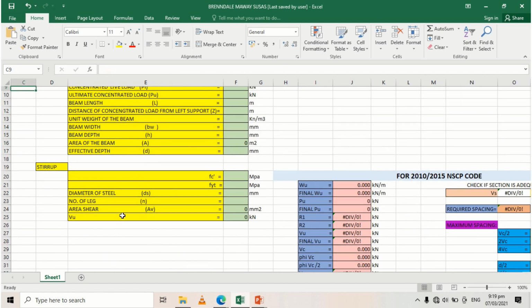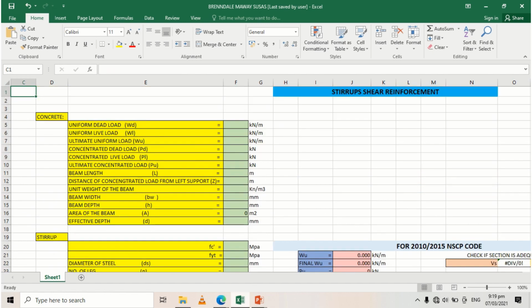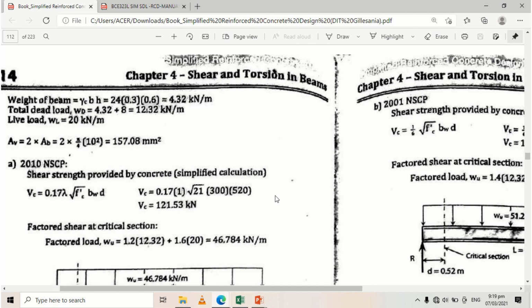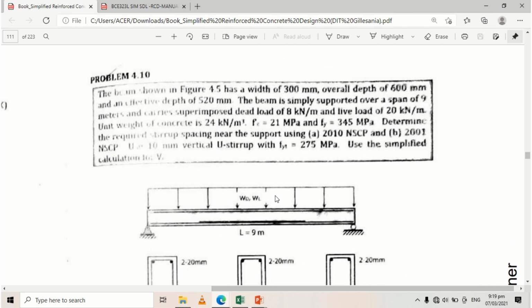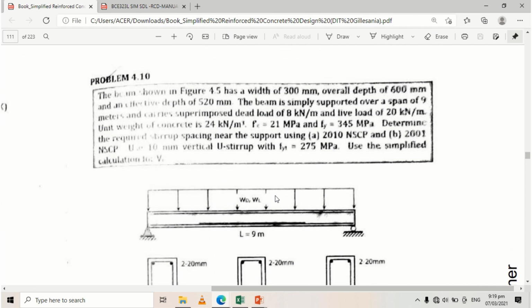Again, let's now try to solve some problems. For problem 1, the beam shown in figure 4.5 has a width of 300 mm, overall depth of 600 mm, and an effective depth of 520 mm. The beam is simply supported over a span of 9 meters and carries superimposed dead load of 8 kN per meter and live load of 20 kN per meter.